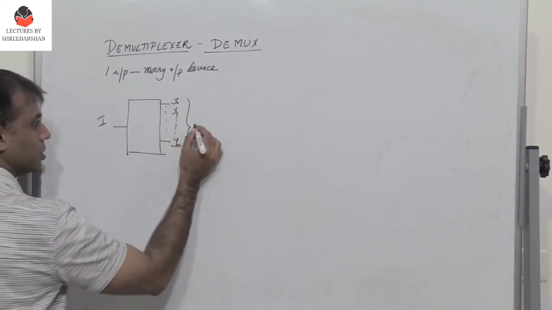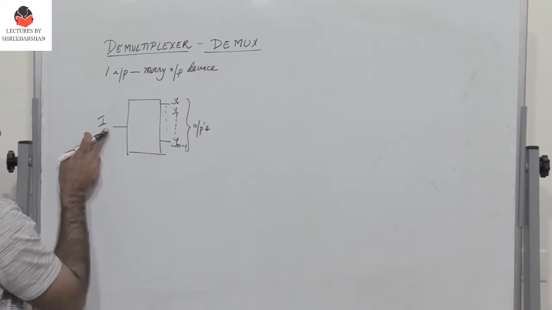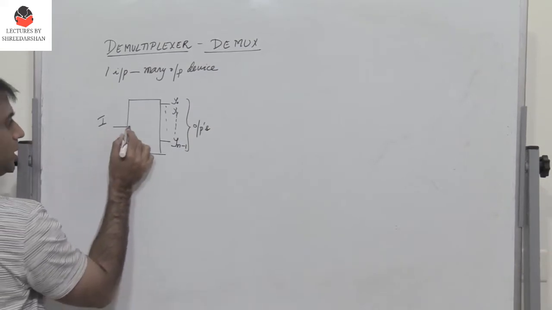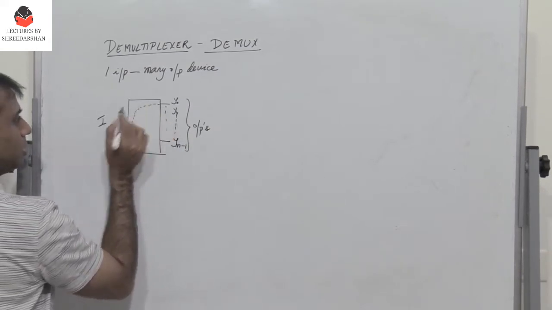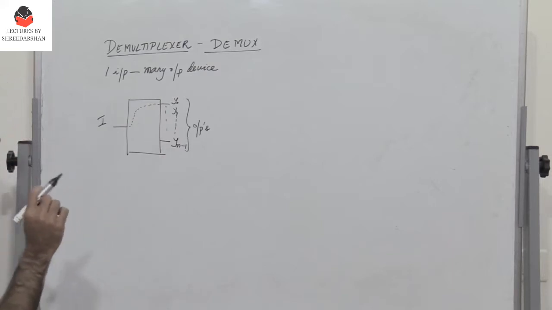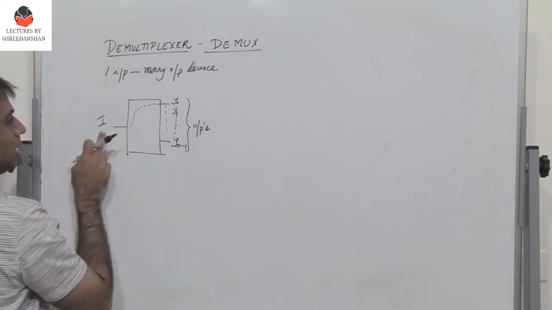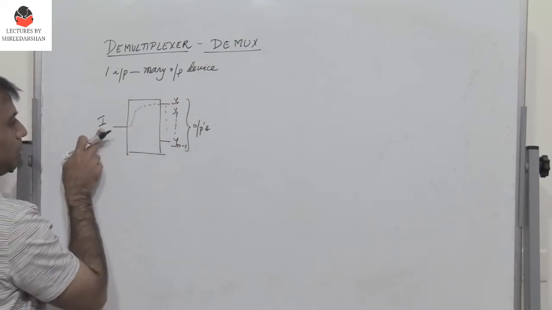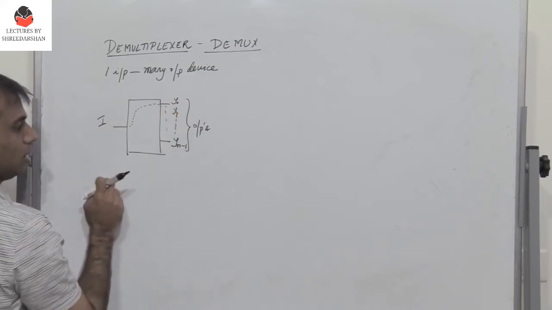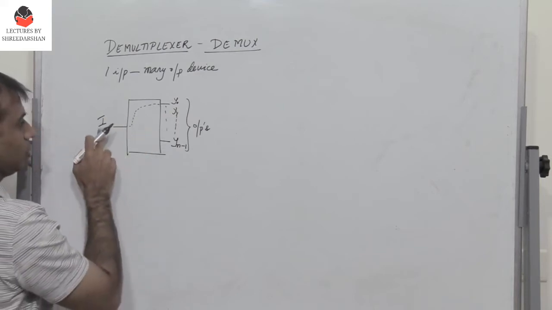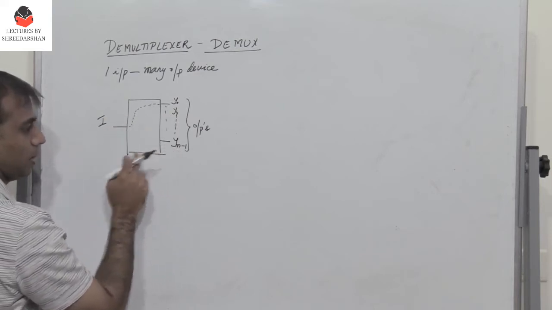Now a given input has to be selected for a particular output, isn't it? At one instant of time I want the input to appear at y0. At another instant of time I want the input to appear at y1. At some other instant of time I want the input to appear at yn minus 1.